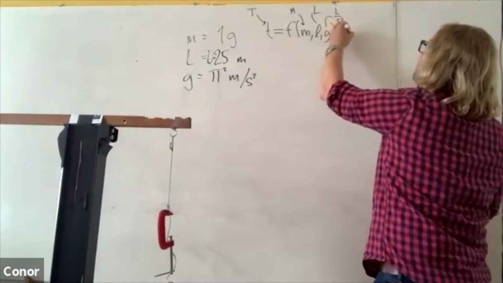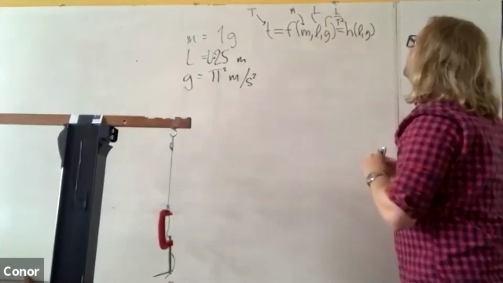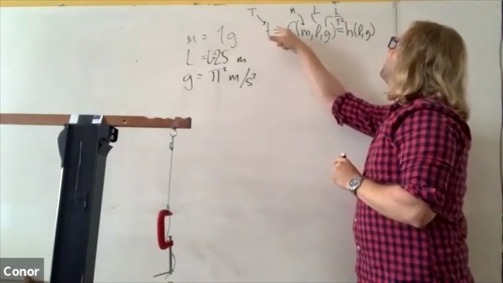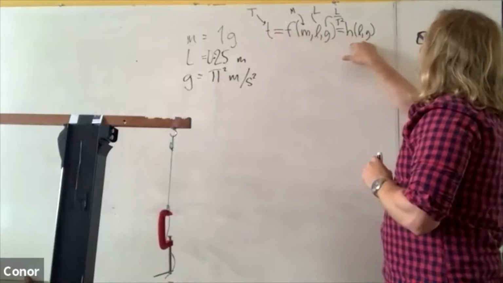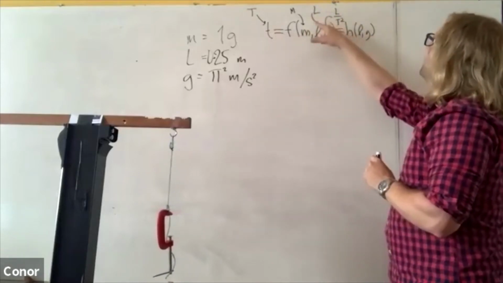This must really be some function h of just the length and gravity. And then I see that if I want to get a time on the left, I need to have a time on the right, well, then I can't afford to have any length occurring, so I need to divide out the length somehow.